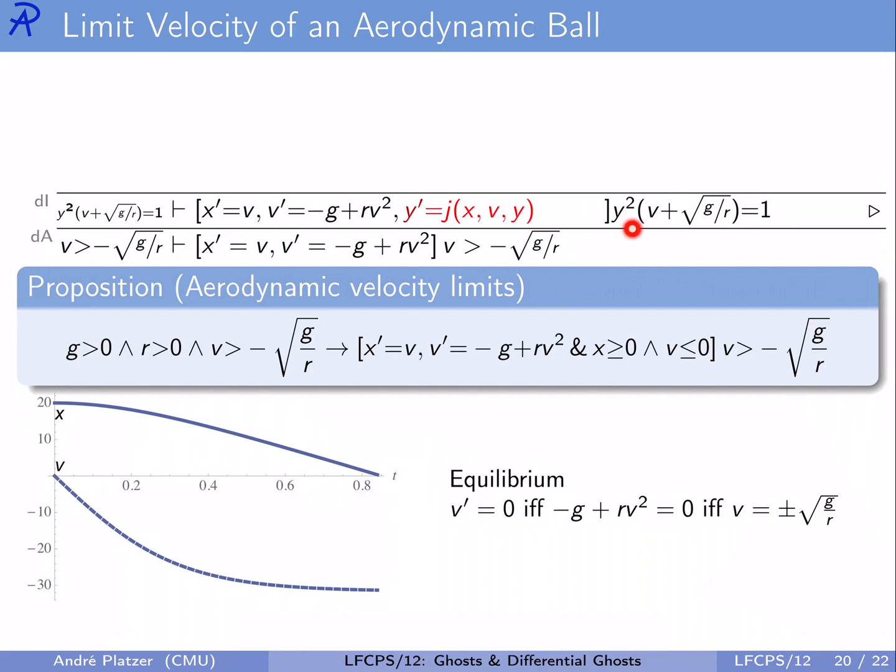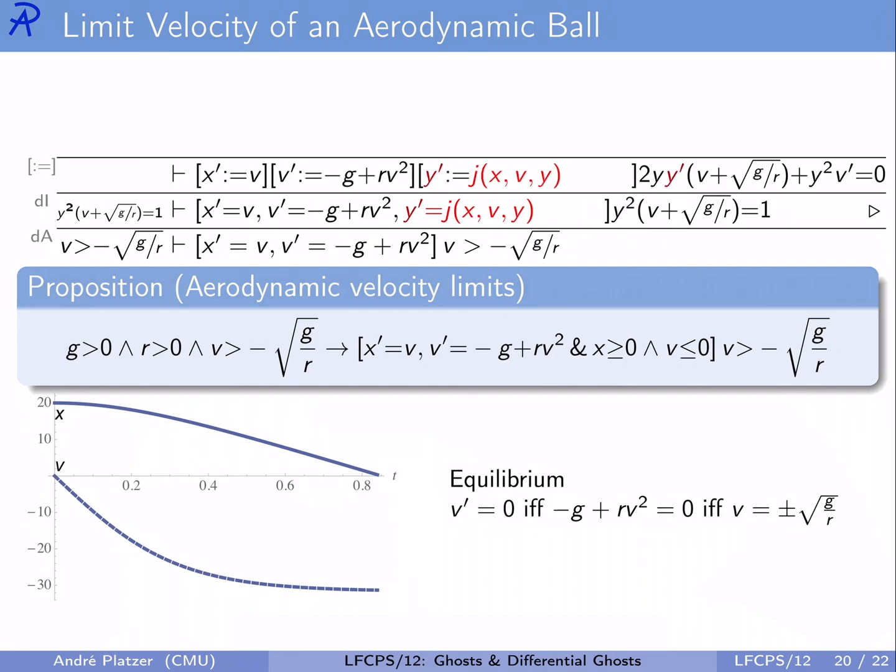So we continue the differential invariance proof for this. Take the differential of the postcondition, which is 2y' times whatever we got here, plus y squared, and the differential of this, that's the constant, so that's just v'. Well, v' we do know, y' we don't know.